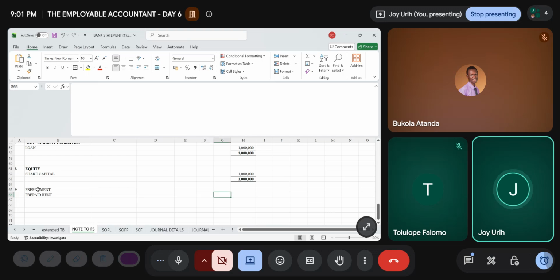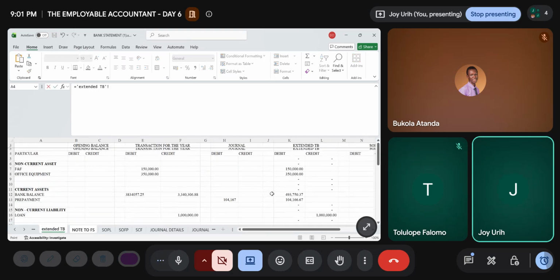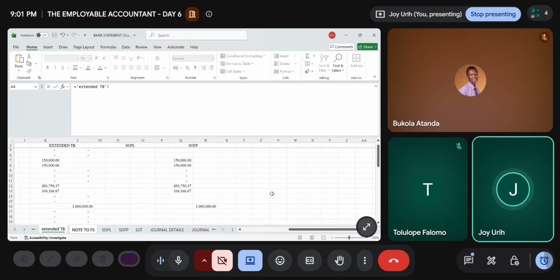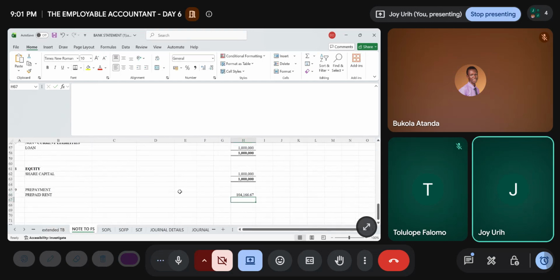So I'm going to pick that figure from the extended TB, 104. So this is it.